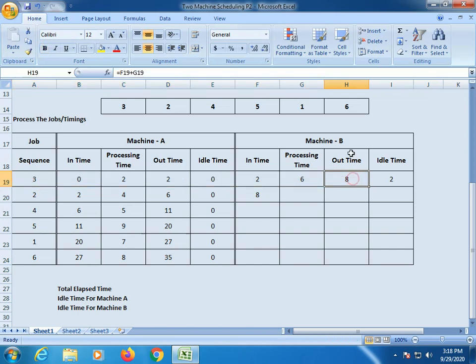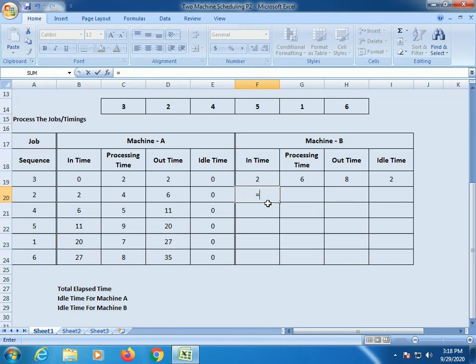At the 8th hour machine B is free. So at the 6th hour we have the next job, but machine B is not ready. At what time is it ready? Machine B is ready at the 8th hour, so here we have to take the 8th hour.